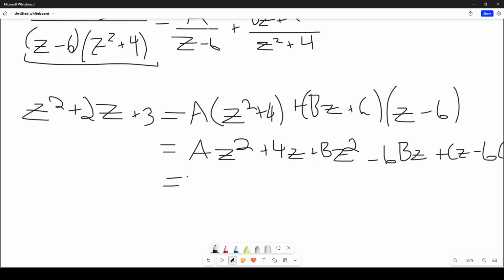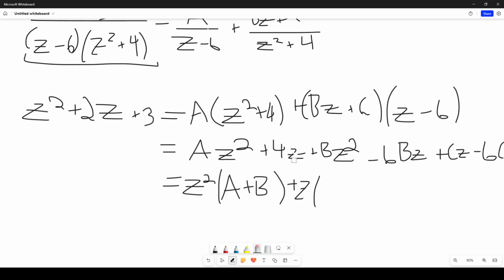Now let me factor it like this. z squared times (A plus B), then we get z times (C minus 6B).